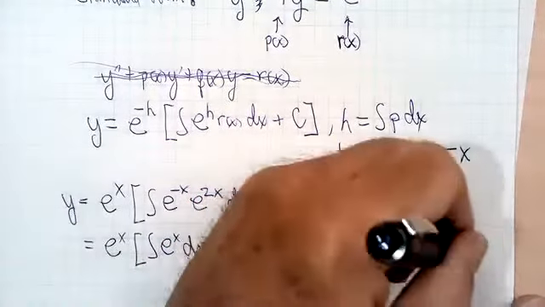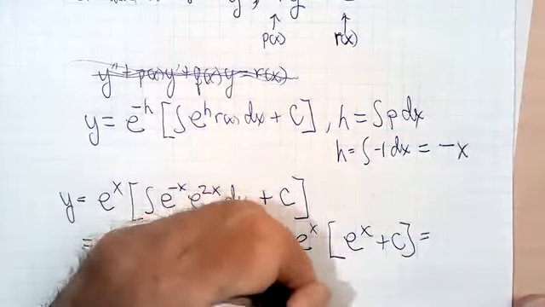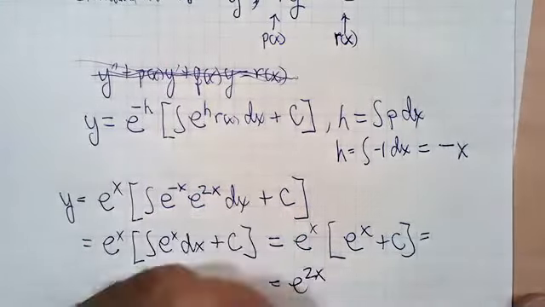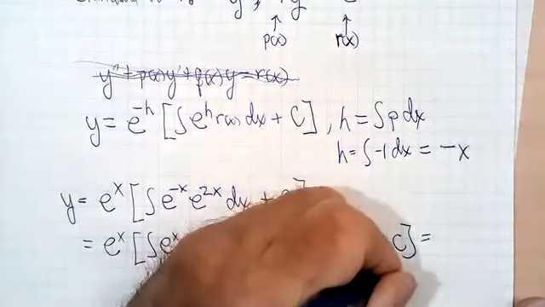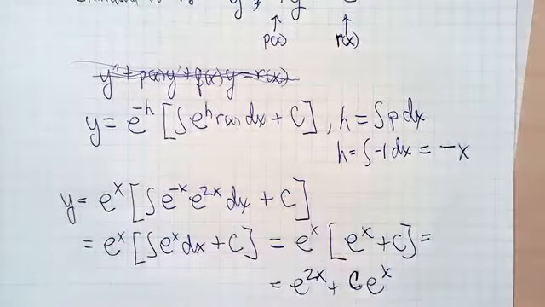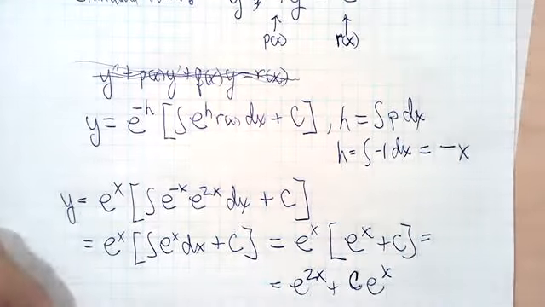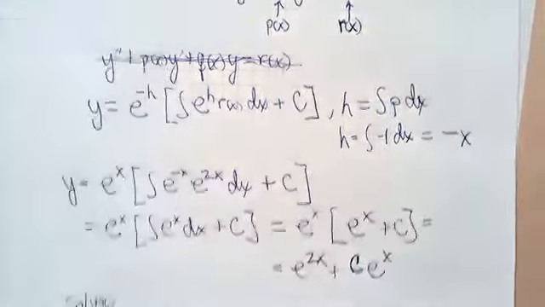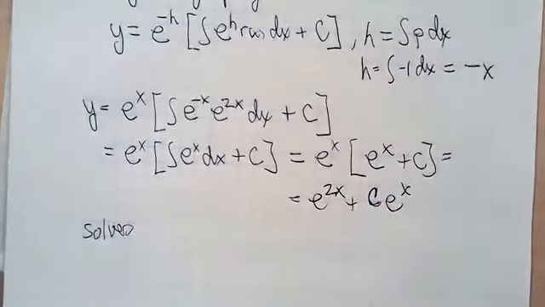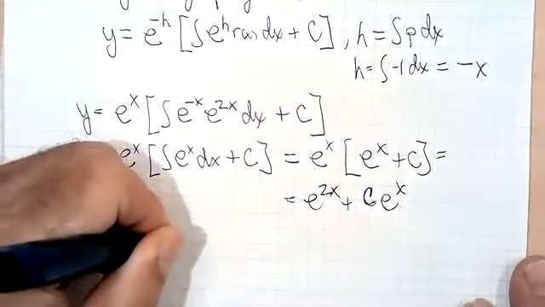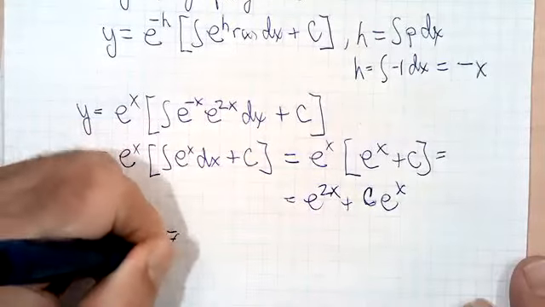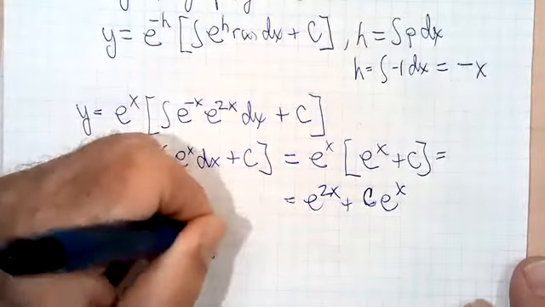So we get e to the 2x plus c e to the x. And that is the solution to the original differential equation, which I'll rewrite here, just so we can get it all on screen.